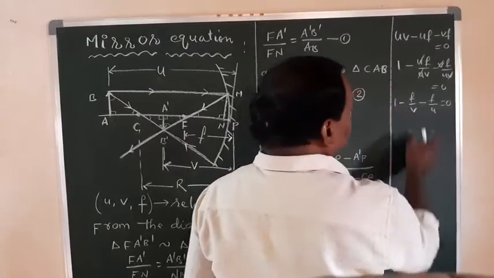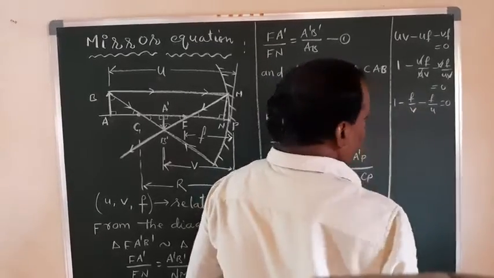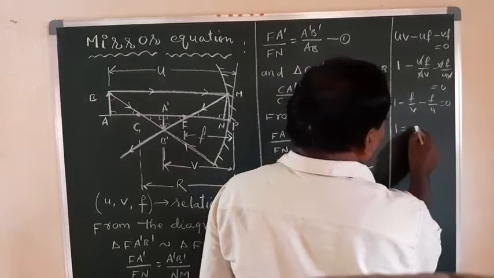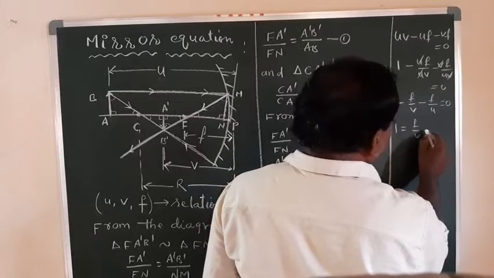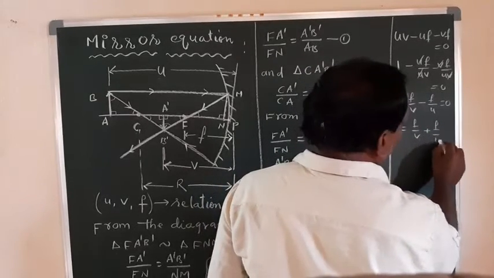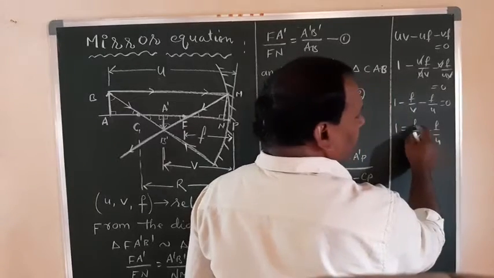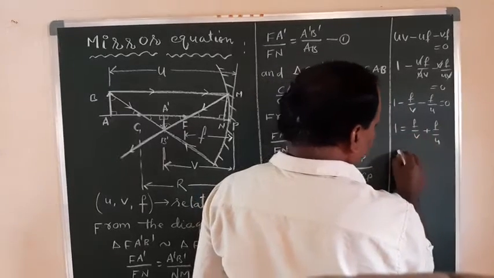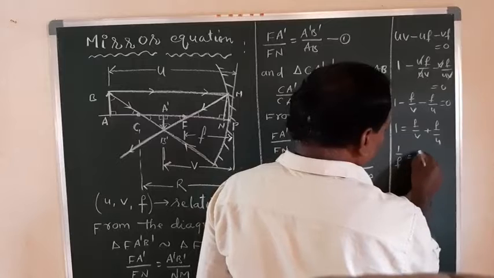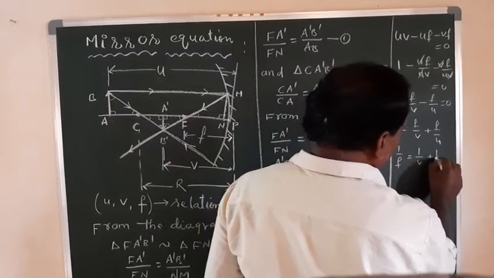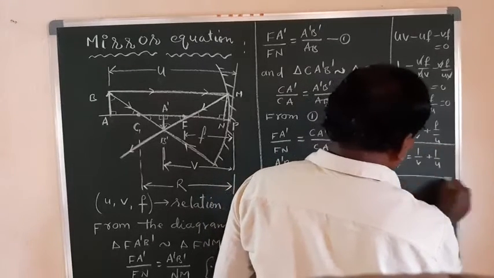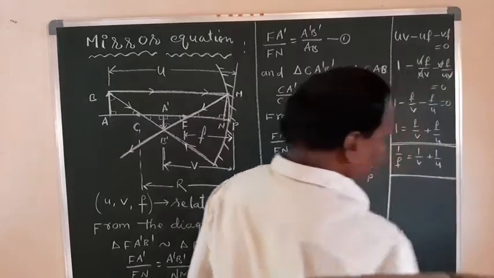Right? So now these two terms you bring to the RHS. That means I can put here 1 is equal to F by V plus F by U. So here F is common. You take F common and bring this side. That means here 1 by F is equal to 1 by V plus 1 by U. Isn't it?